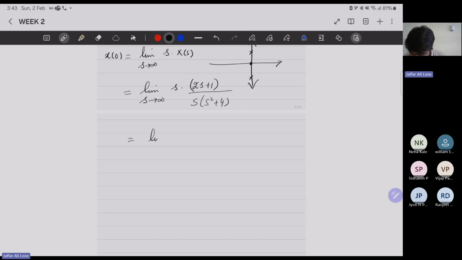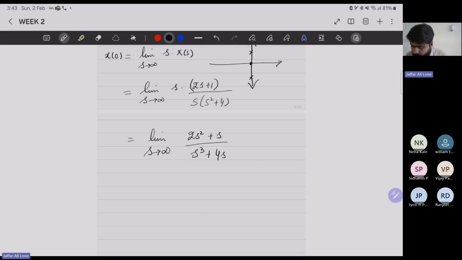We will have 2s square plus s over s cube plus 4s. If you put infinity here, it will be infinity over infinity, which is improper, so we cannot solve it like that.